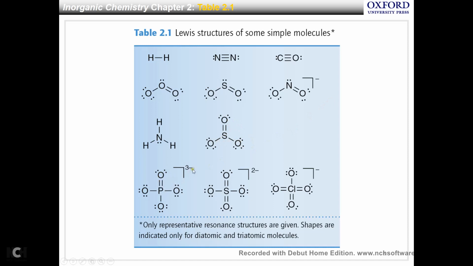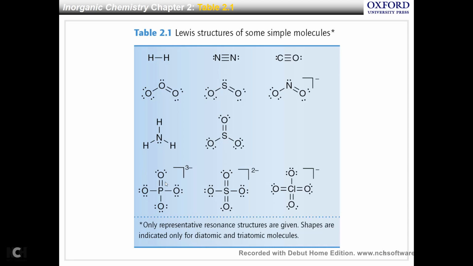In PO4, there's 3 minus charges. So this is good. Minus 1, minus 1, minus 1. In this case, do not make 4 double bonds. If you do, the total formal charge is still 3 in absolute values, and yet unnecessarily you have a total of 16 electrons surrounding this phosphorus.